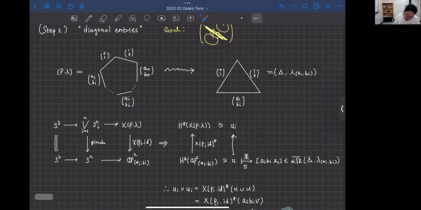Its topological interpretation is, remember that we have this cofibration structure, and this edge contraction is nothing but collapsing all the other 2-spheres, except for the correct 2-spheres corresponding to the remaining edges. So probably it's better to say this is the ith 2-sphere corresponding to this part.